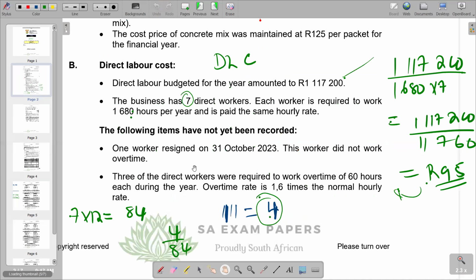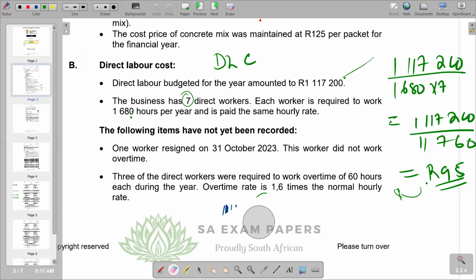So in that case, we now calculate the overtime that was not accounted for. If you come here, you would see that we have got overtime that was not accounted for. Three of the direct workers were required to work overtime of 60 hours each during the year. Overtime rate is 1.6 times the hour rate.